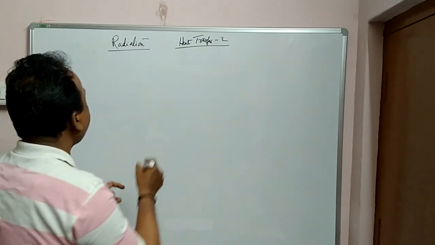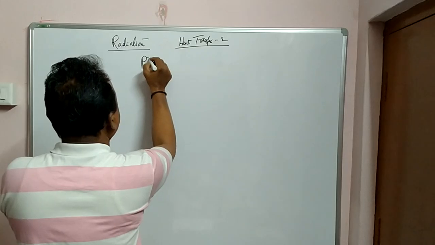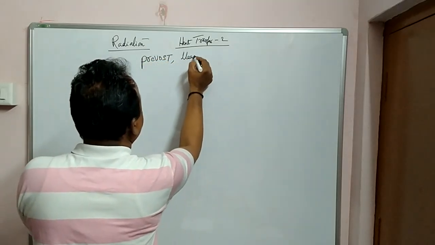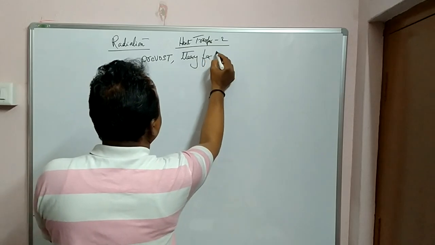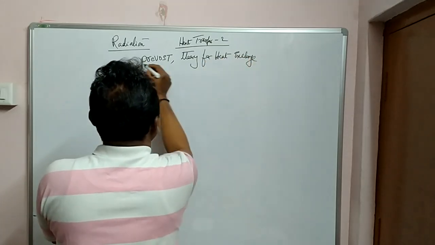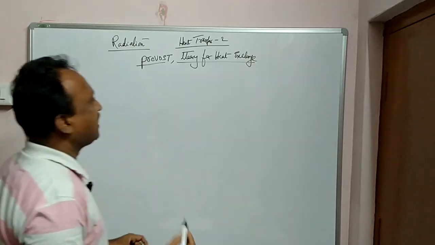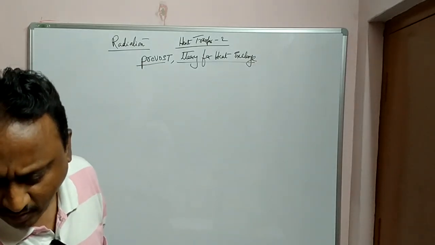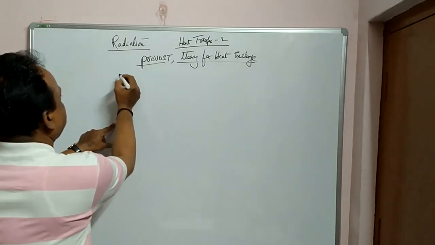Okay, Prevost theory. What is Prevost theory? A scientist named Prevost has given a theory for heat exchange. Therefore it is called the Prevost theory of heat exchange. In this we will deal with the theories Prevost gave.